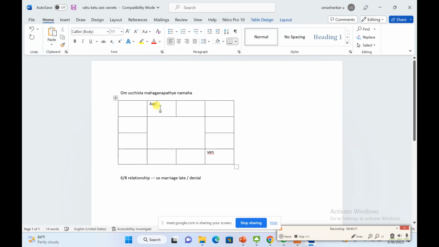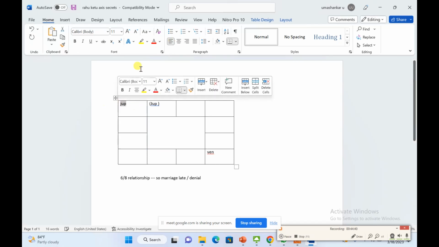Now, if I make this Jupiter retro, now what happens? This Jupiter is going to its own house, so becomes direct from here.